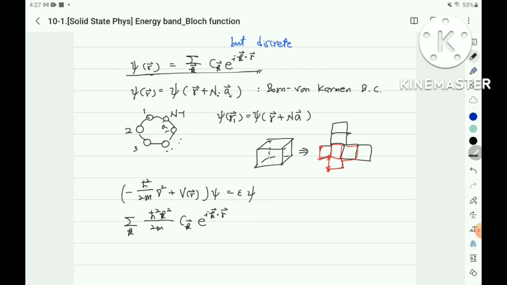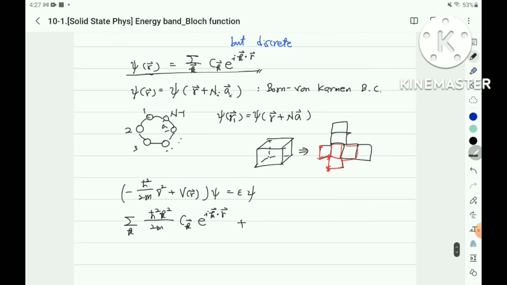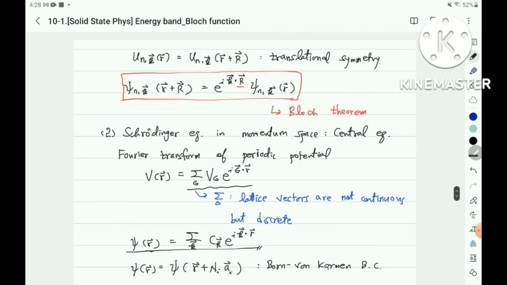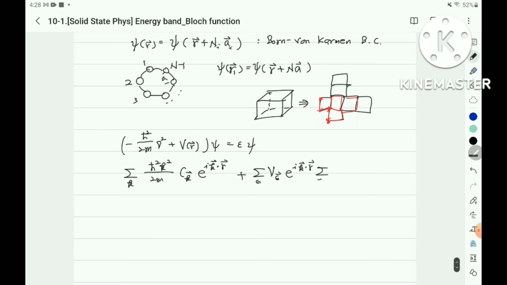It is the kinetic energy term. The real space potential energy has this kind of reciprocal lattice representation, so the reciprocal lattice vector, V_g exponential i g dot r, and also psi, the sum over k of C_k exponential i k dot r, and the energy is epsilon, the summation over k of C_k exponential i k dot r.